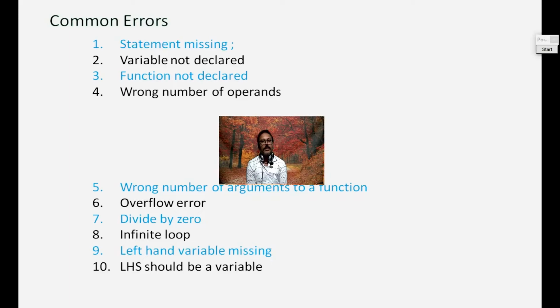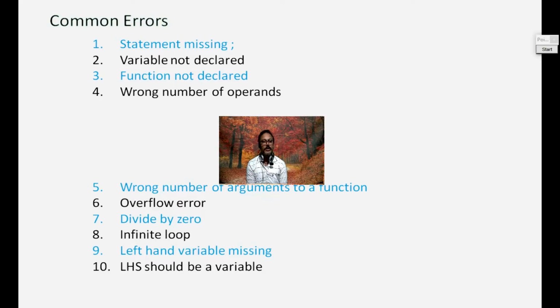Functions, also you don't declare them but try to use them. Some library function you try to use, but it's not declared, not defined. Wrong number of operands: a plus b, but you forget to give b, you write just a plus. Wrong number of arguments to your function. For a function you have to pass arguments, but you don't pass the appropriate number of arguments.